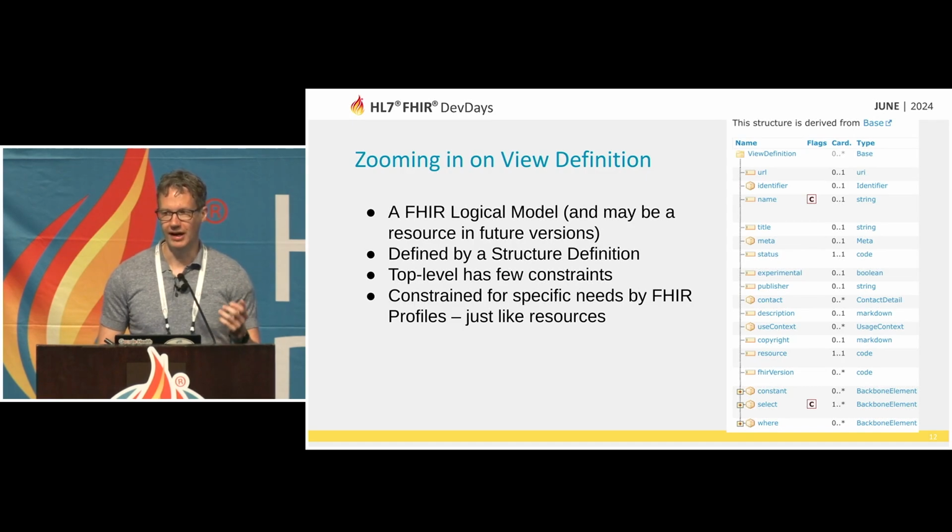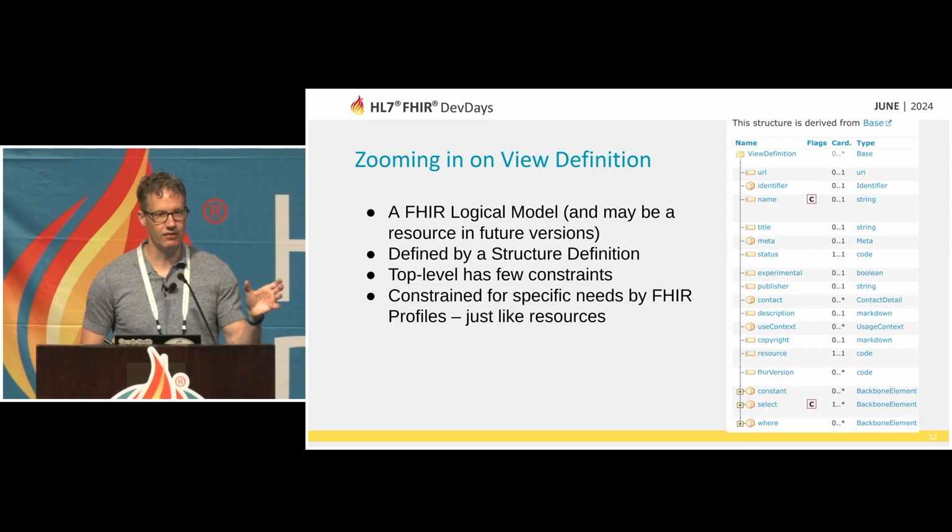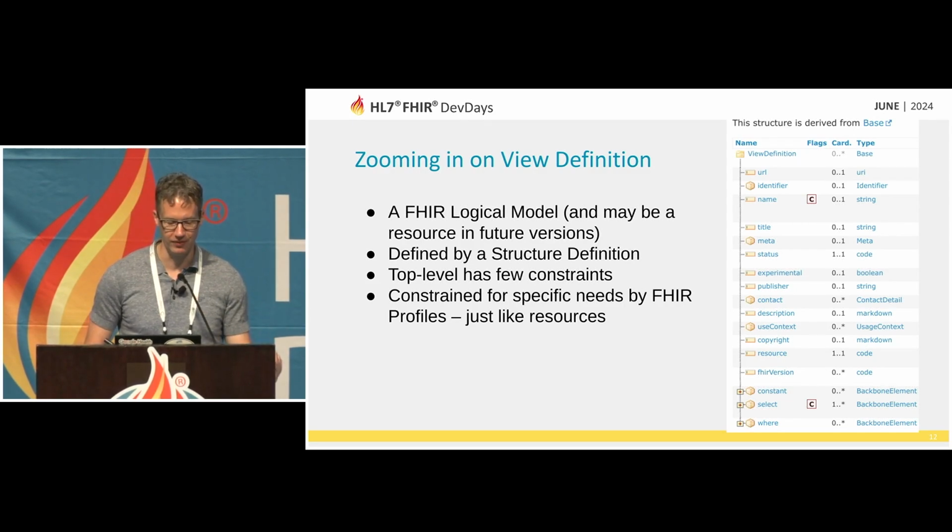One example we'll see a bit later is that a view definition doesn't necessarily have to constrain itself to producing only flat tables. In fact, the base view definition does not. You can have columns with complex structures produced from that view. But then we have a profile for a tabular view definition that adds the constraint that requires simple flat tables. So if you have a view that needs that, you can use that profile.